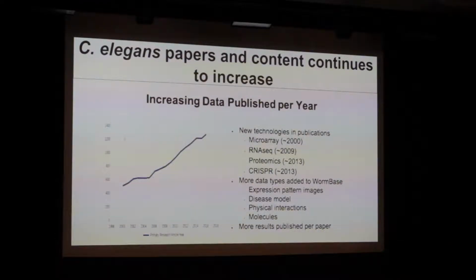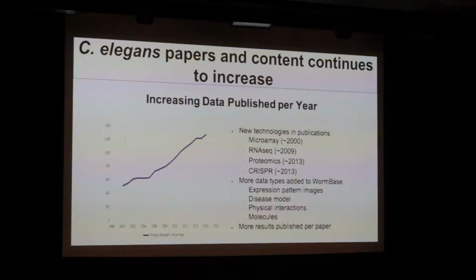Just to give you an idea of what that backlog is and what we're facing, over the years, this graph shows the increase in the number of C. elegans papers that have been published and are available in PubMed. And as you can see, it continues to increase. This is partly for several reasons. Every few years a new technology comes along that is great for the community, but it also often can generate a lot of new data for us to handle.